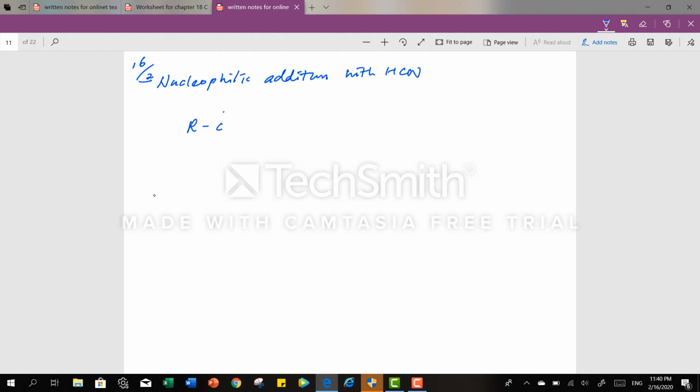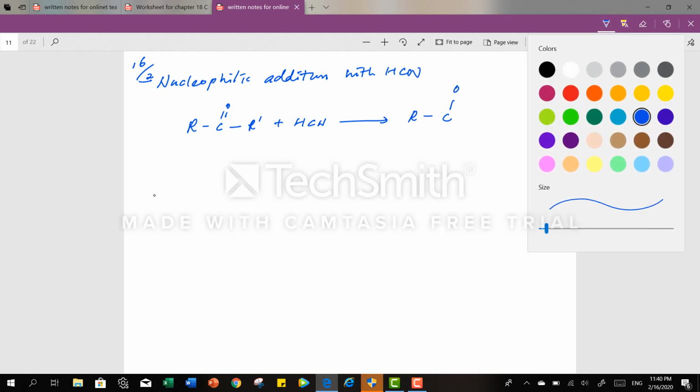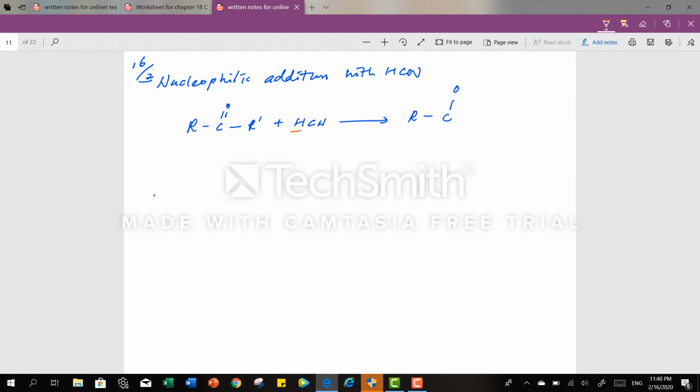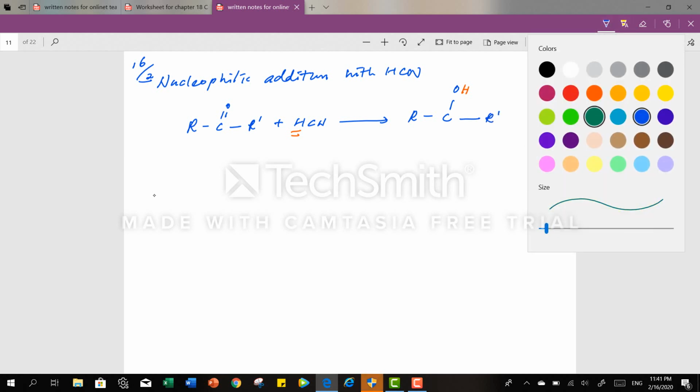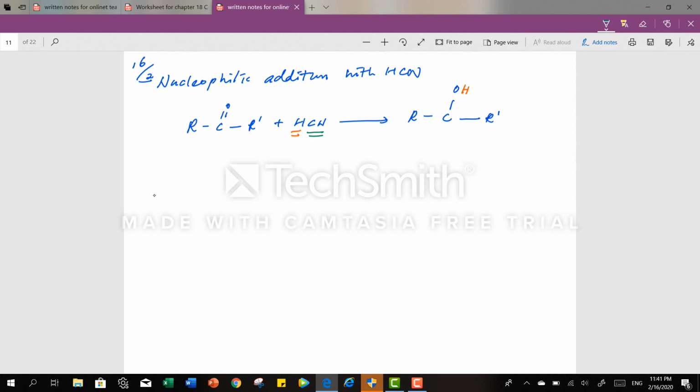For example, if we have a reaction like that, then what will be happening at the end will be this: H will go here, and the double bond of C=O becomes a single bond, and then the CN will go here, okay.